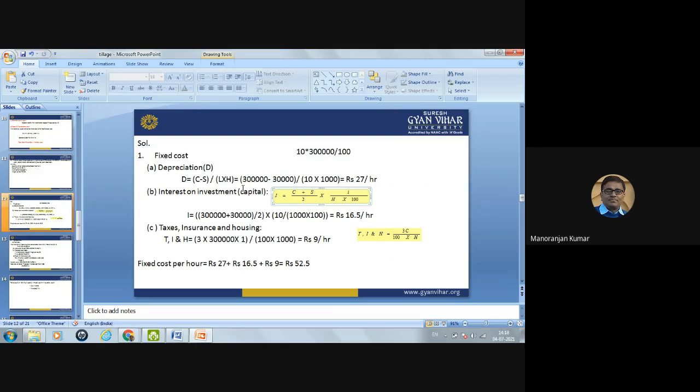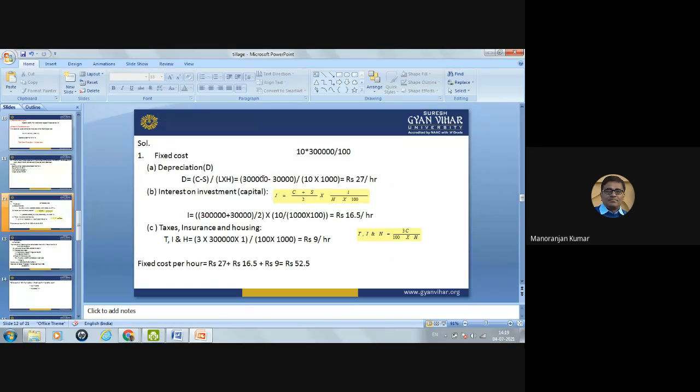Okay. Now under this, L is the life of the machine, life of the tractor. Here in the question it is given life of the tractor is 10 years. Okay, and H is the number of working hours per year. In the question it is given 1000 hours.